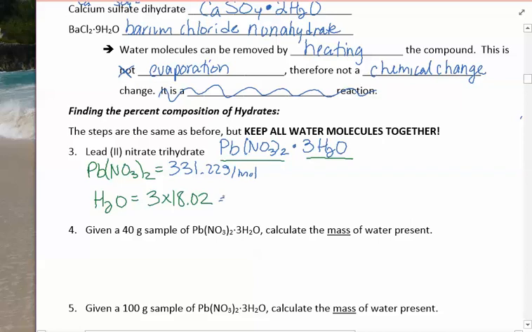And then 3 times 18.02 is 54.06 grams per mole. So we want to know the percent of salt versus the percent of water, so we have to actually add these two numbers together.